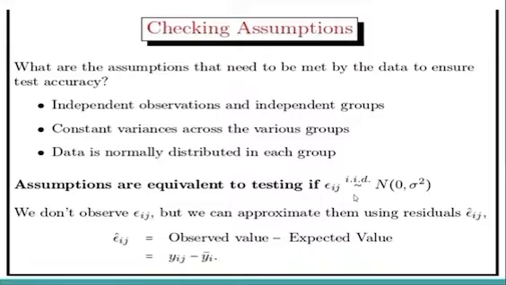Don't forget, what is the error? What does error actually mean? Unexplained variation. There's no model anywhere in the world that can explain 100% of the variation in the response. There's always going to be something unexplained. So what we're telling the world is that the error must follow a normal distribution with a mean of 0 and variance sigma squared.